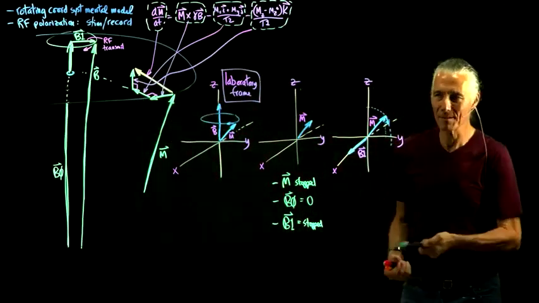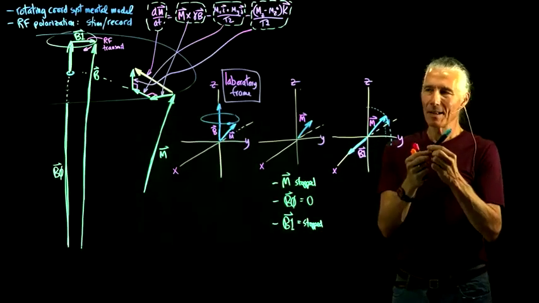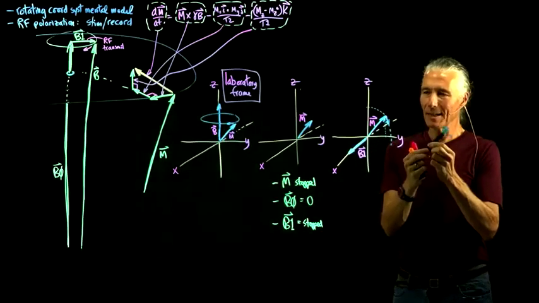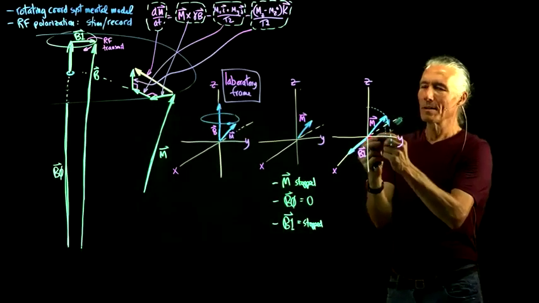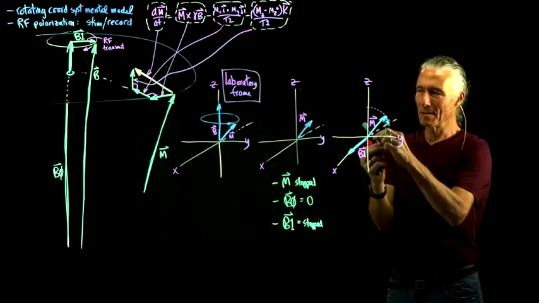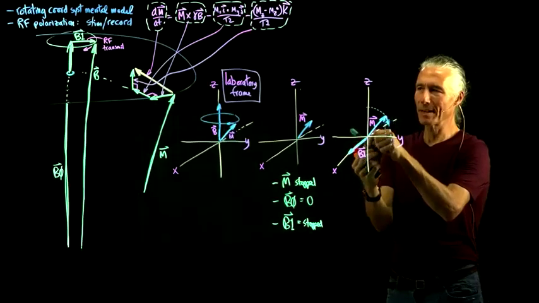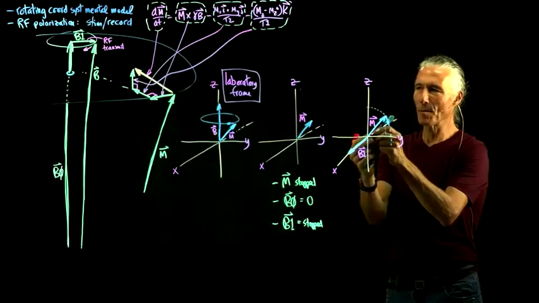If we start up the oscillation at time t equals 0 with the m vector right over the y-axis, then every 123 million times a second it'll come back, and 123 millionth of a second later it'll be over the y-axis again.